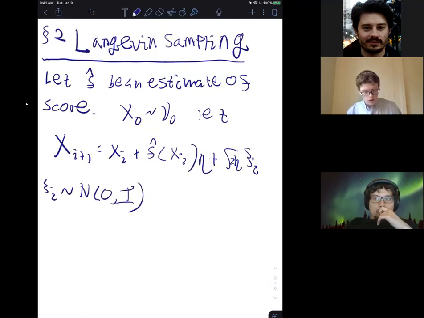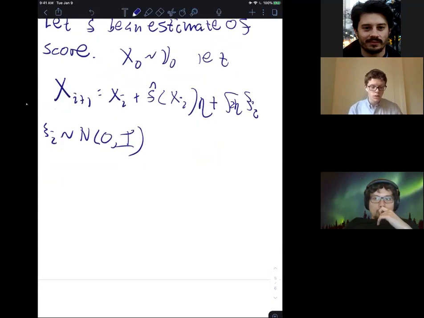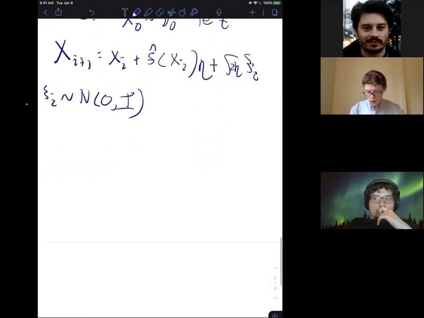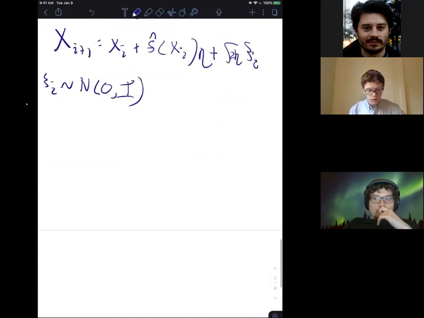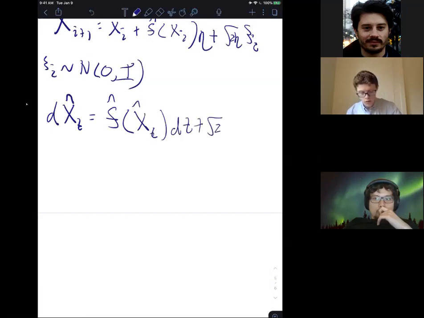This is clearly an MCMC method, and the hope is that the law converges to something close to the law of the original distribution. And why might this be motivated? Well, we can consider the following diffusion process, dx_t hat equals f hat of x_t hat dt plus root 2 dB_t.